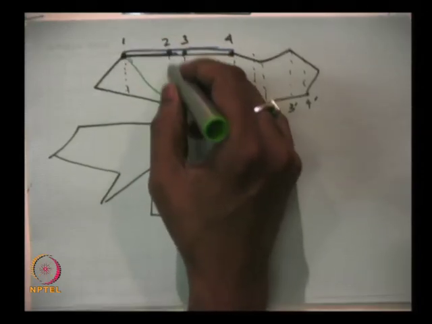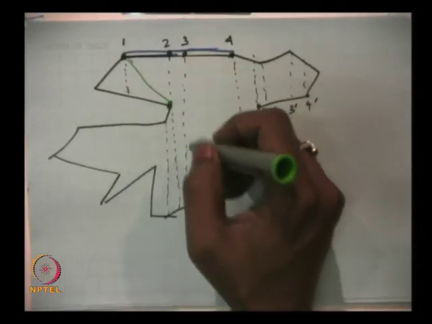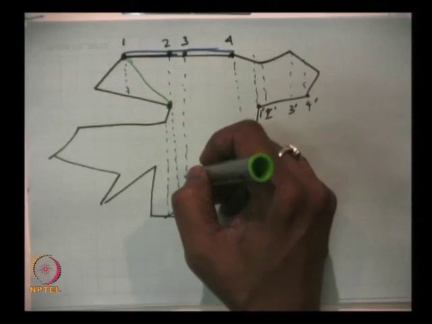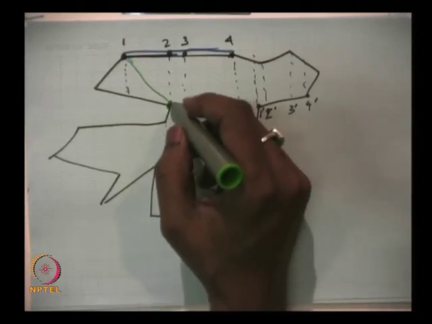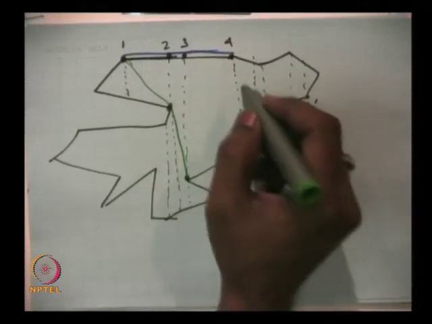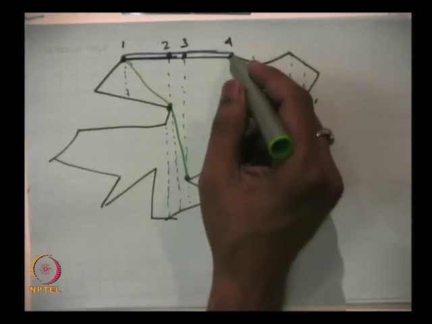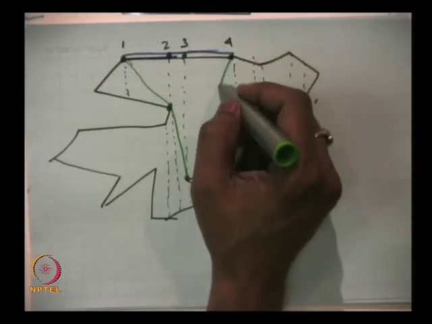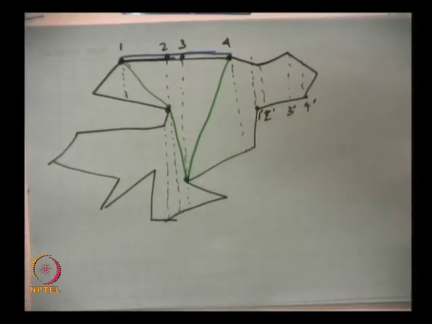So, I joined one with the vertex that generated this vertical line. The next vertical line is generated by this point, right. So, I will join it with this, and then the next, where there is nothing else, it's just the end point. So, I am going to join it with this, right.